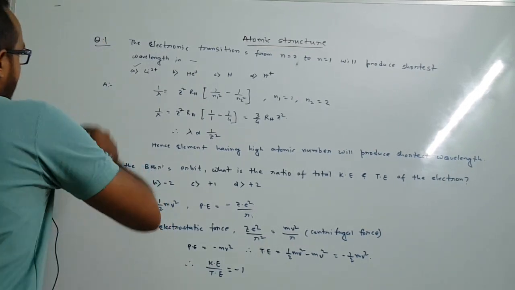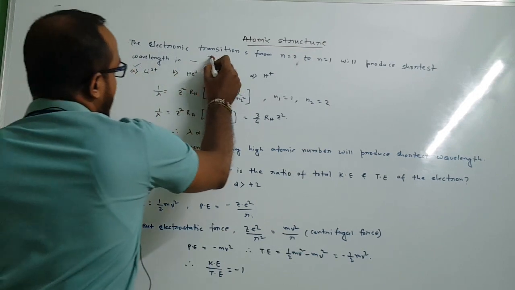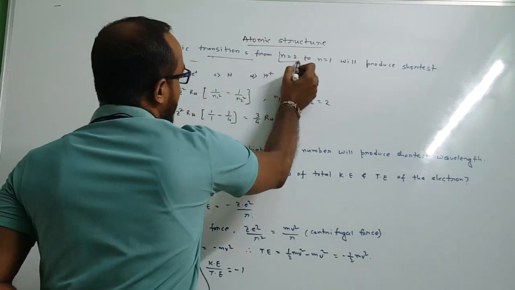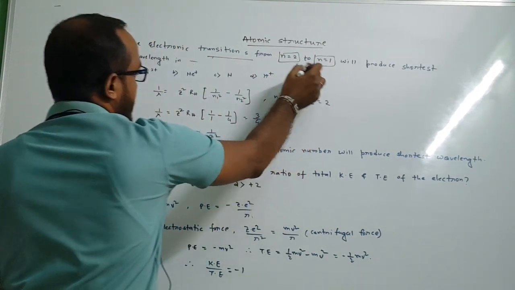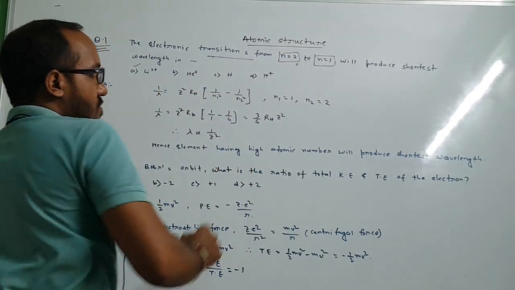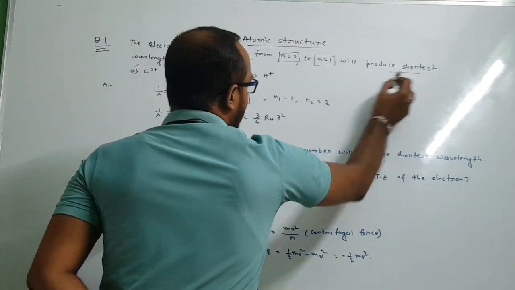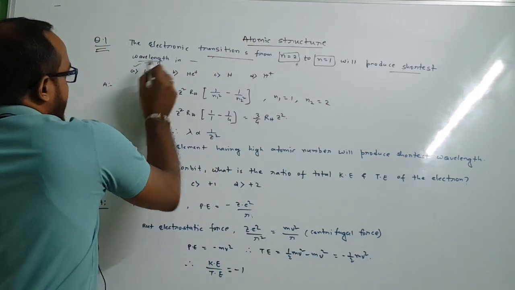Now see, our first question: the electron transition from n equals 2 to n equals 1, these are principal quantum numbers, will produce the shortest wavelength.